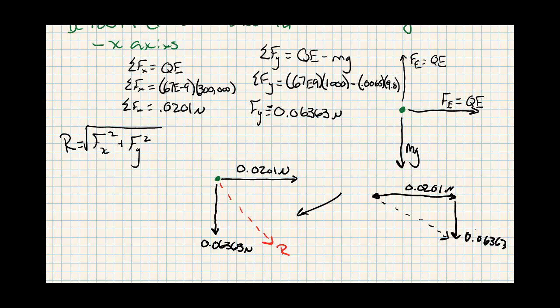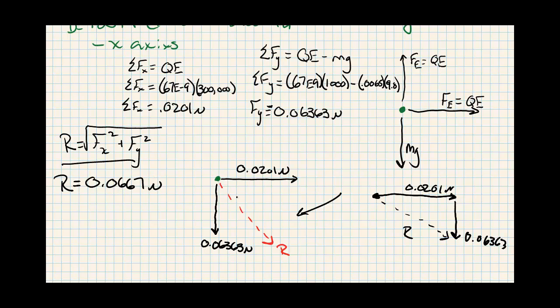So we can do the Pythagorean theorem to get the hypotenuse, which is what we're doing right here. And as it turns out, the resulting force is 0.0667 newtons. So all three of those forces added together give you a resulting force of 0.0667 newtons.